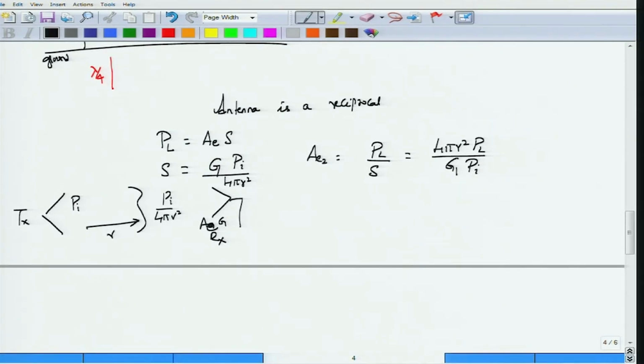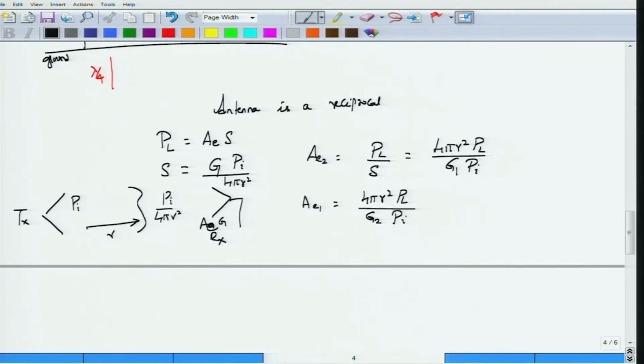Now, what you just have to understand is that the same antenna can act as a receiver or a transmitter. So, if this acts as a receiver, then in place of G1 you substitute G2, and in place of AE2 you substitute AE1. So, the effective aperture for the antenna 1, which is now acting as the receiver, is given by 4 pi r square, its power that is dissipated in the load, divided by the second antenna gain G2 times the same power that I am putting out.